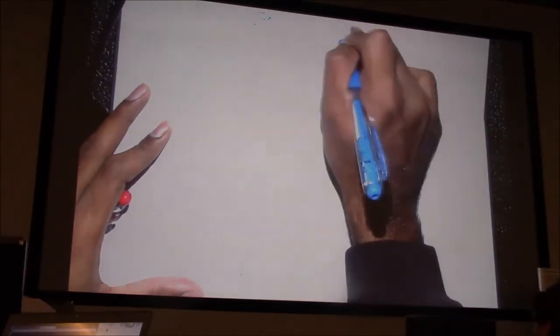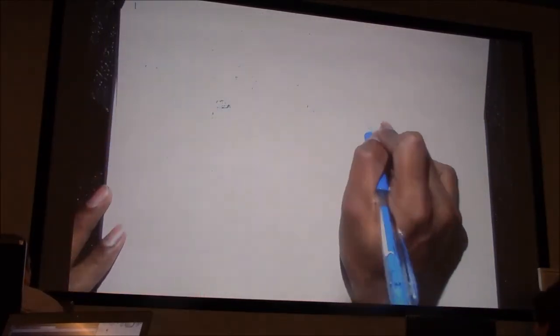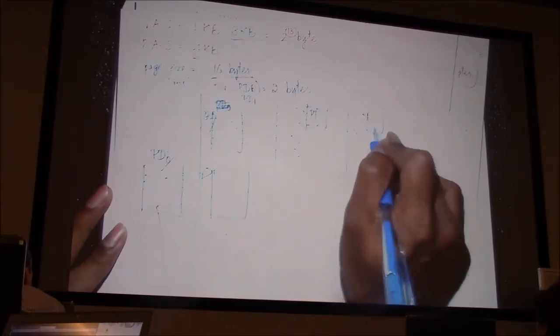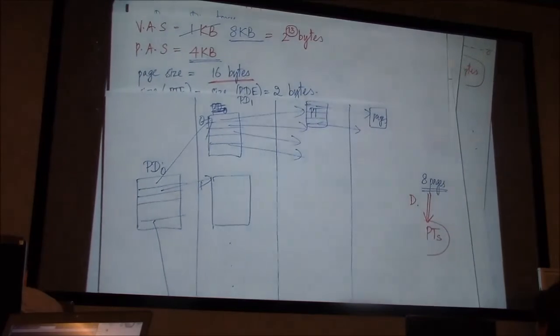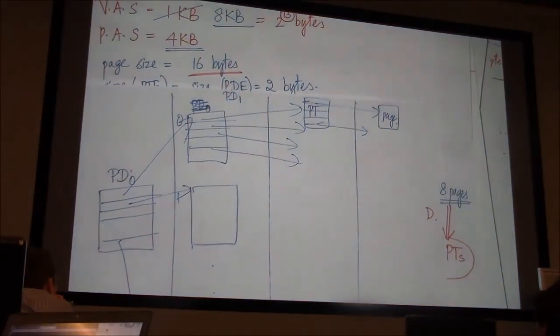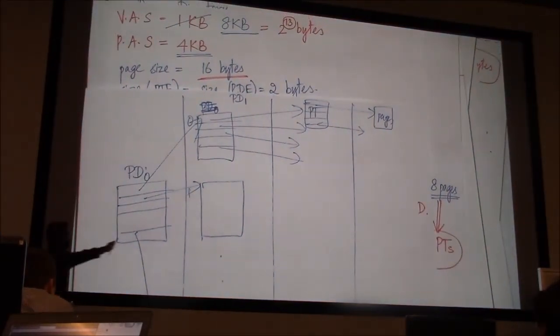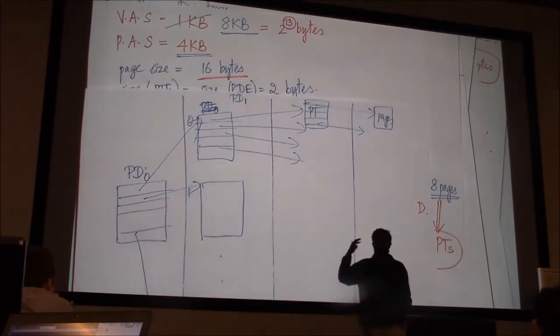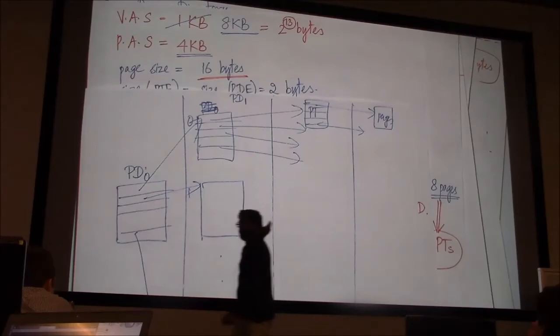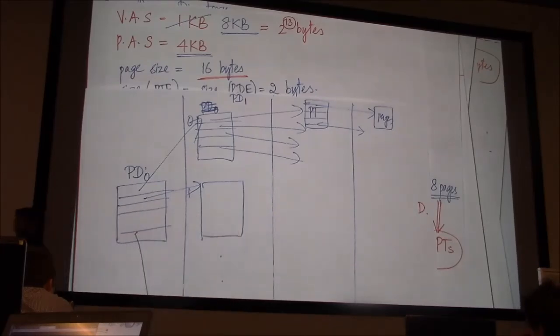And each of these page tables are going to be pointing to the pages. This is the structure that we get when we go to a 3-level page table. This is like level 1, level 2, level 3. You need to access 3 page tables or 3 structures to actually get to the page that you're looking for.